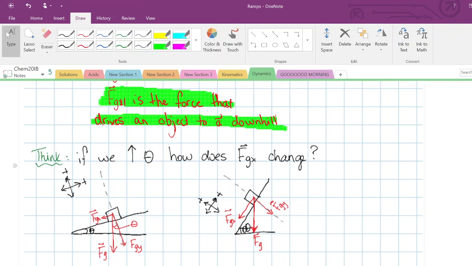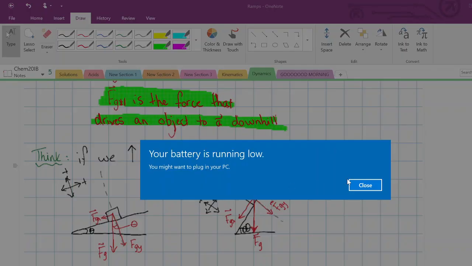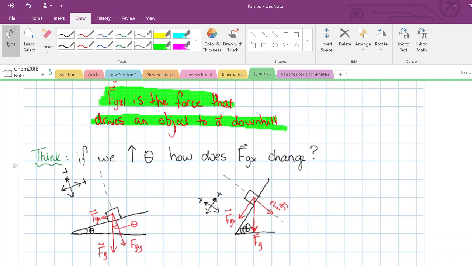You'll notice that this parallel component of the gravity is really quite small in magnitude. Now, if we increase the angle to something that's quite steep like this, we're going to get that the force gravity parallel is going to get much, much larger.